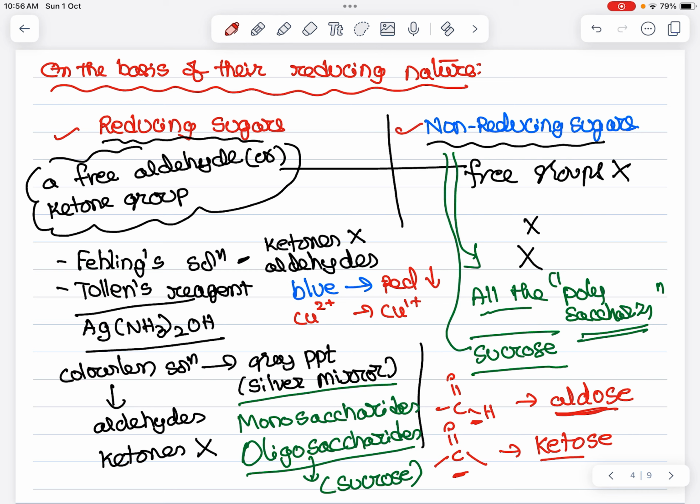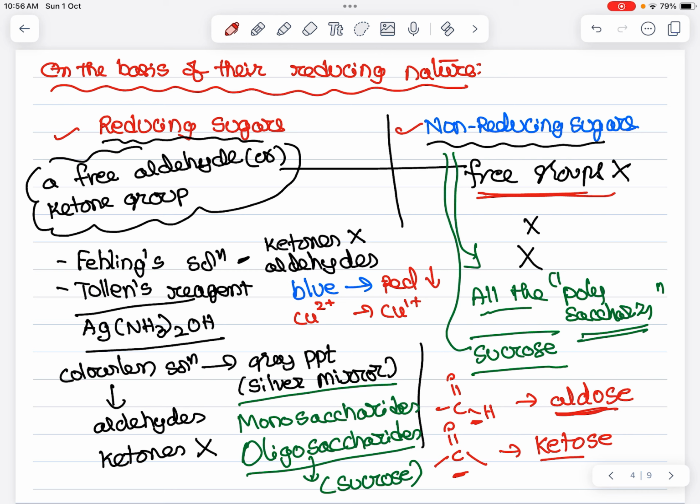Reducing sugars contain free aldehyde and ketone groups, and for non-reducing sugars, the functional groups are not free, they are closely bonded. The reducing sugars reduce Fehling's solution and Tollens reagent.